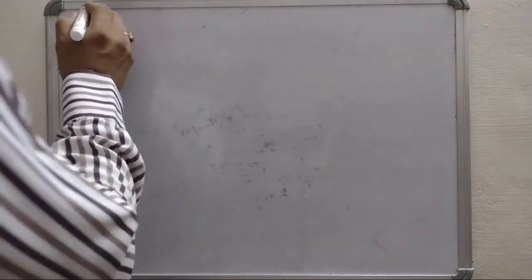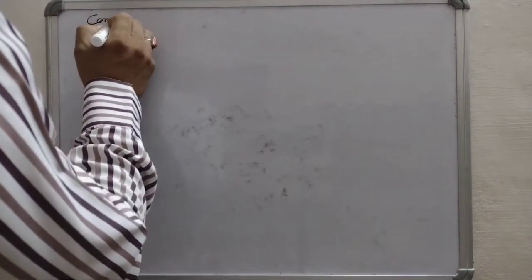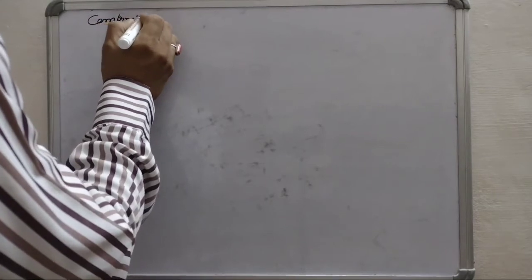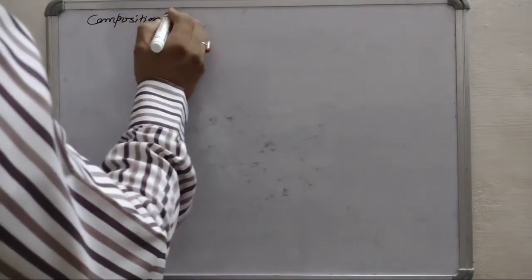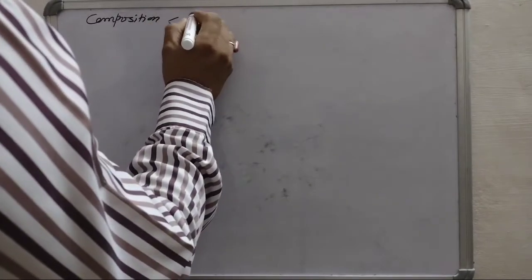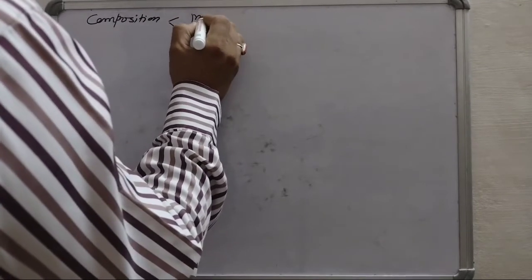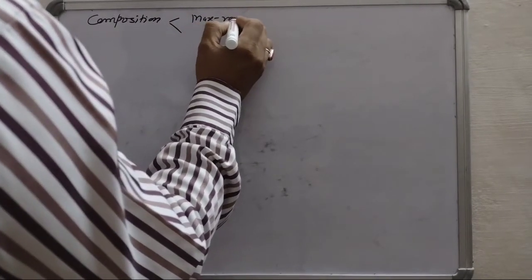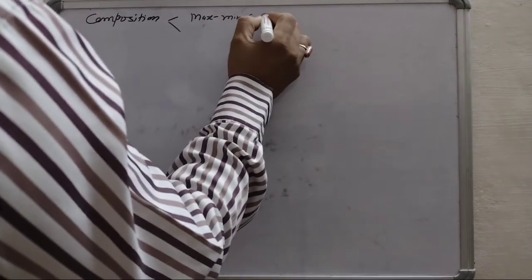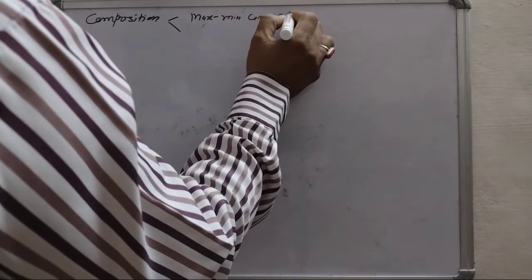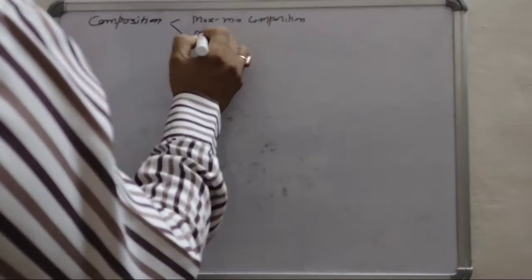So now again, composition. Two types of compositions we have already discussed, that is max-min composition and max product composition.